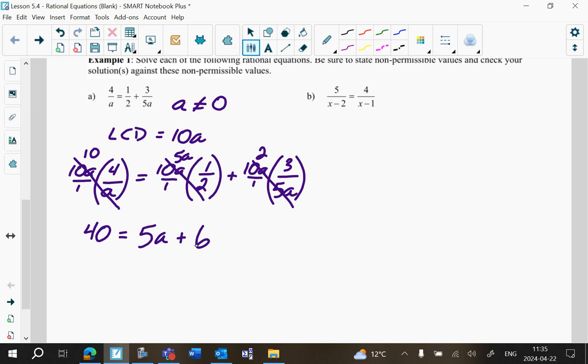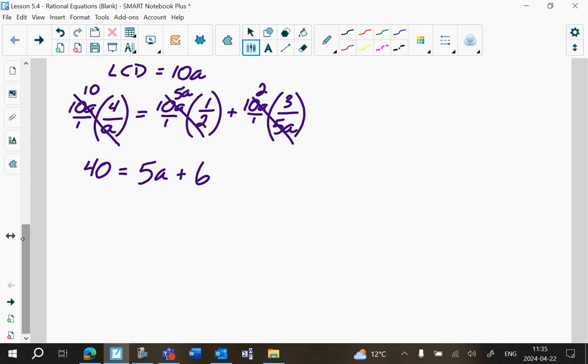Get A by itself. So move the 6 over to the other side, and we get 34 equals 5A. Divide both sides by 5, and we get 34 divided by 5. Is that a restriction?